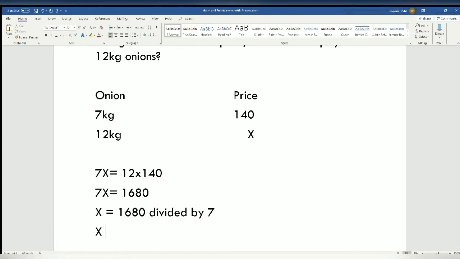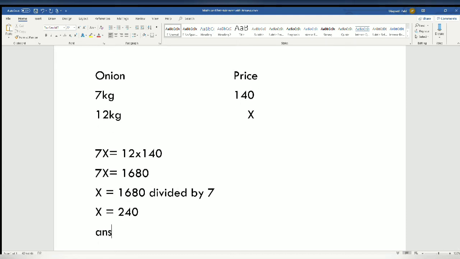So finally the answer becomes 240 rupees, ₹240.